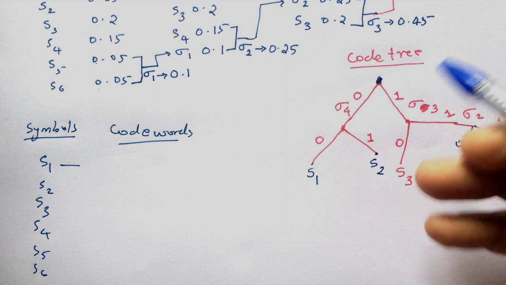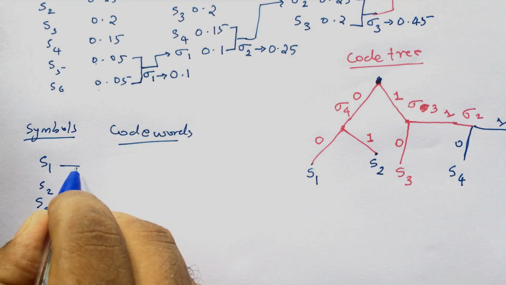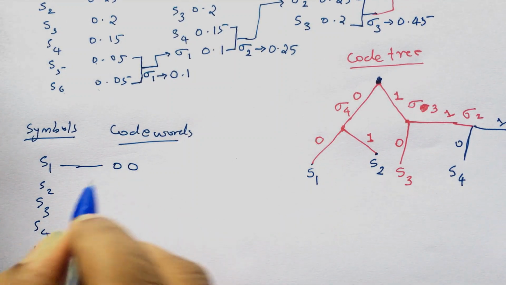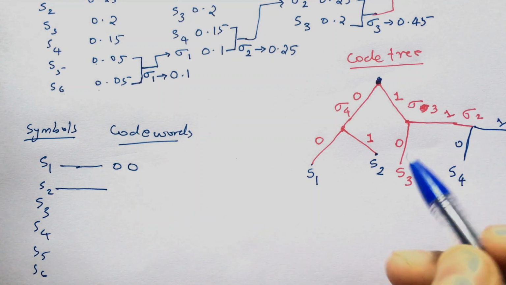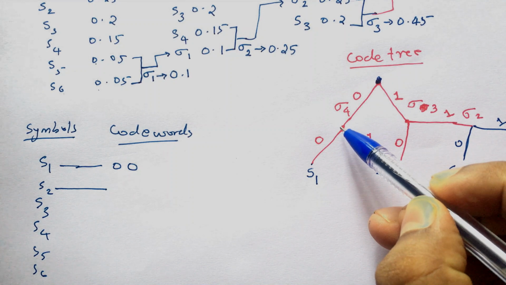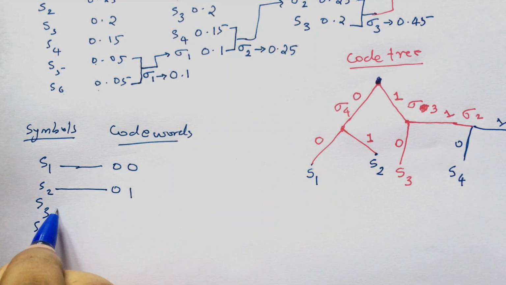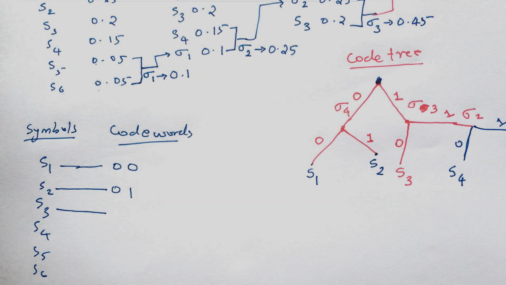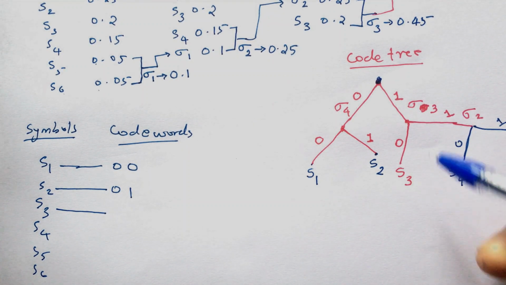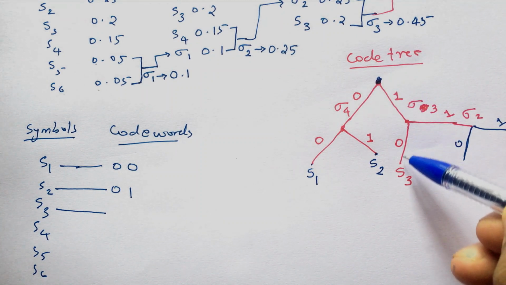Reading it, 0, 0. So the code for S1 is 00. Then S2. Read it from the first node: 0, 1. So S2 is 01. Then for S3, read it from the starting node: 1, 0.